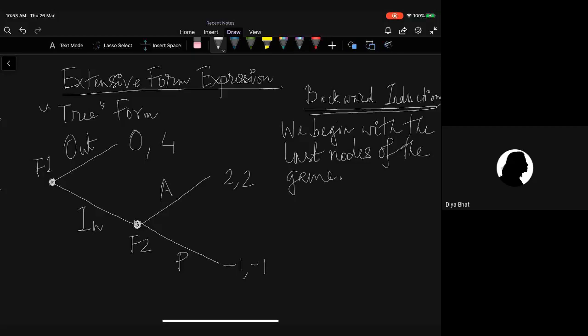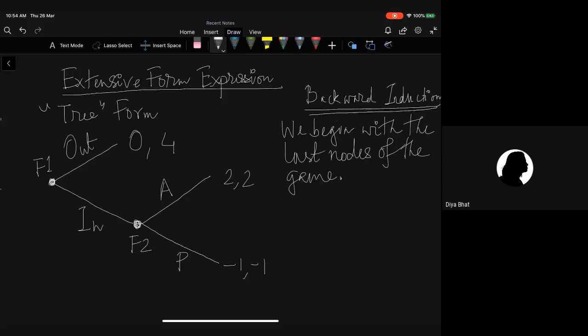In that node, a player is moving. So we will decide the optimal best thing for that player to do in that node if the player could choose its strategy there. Suppose the player is sitting at the last node, whichever player is there. If it could decide which arm to choose, which one would it choose?